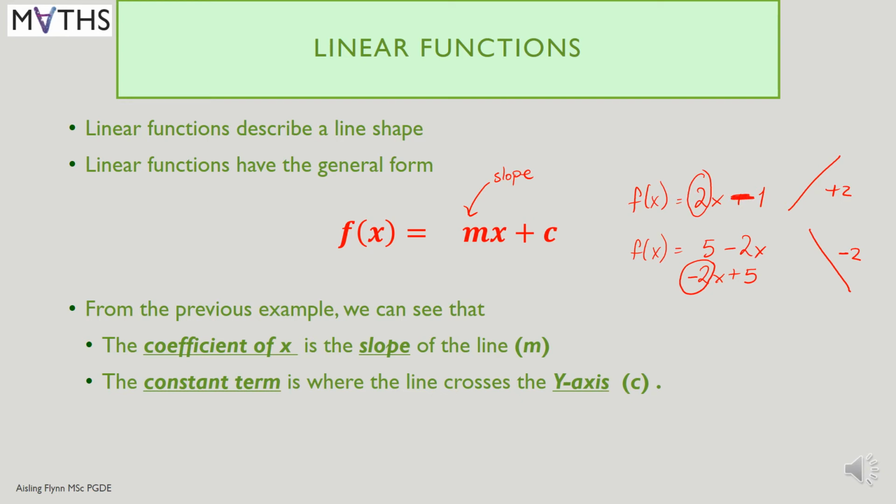If you look back through the slides, the first one crossed the y-axis at -1, and the second one crossed the y-axis at +5. So the constants give you where it crosses the y-axis. It's called the y-intercept.